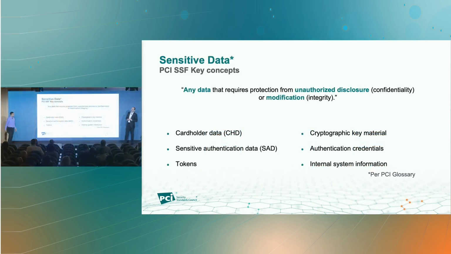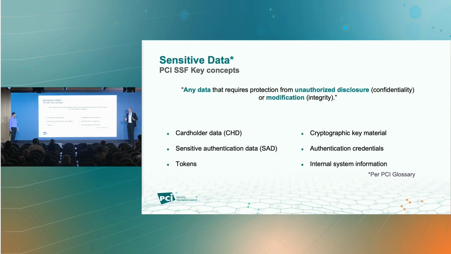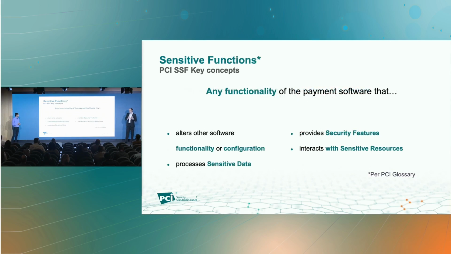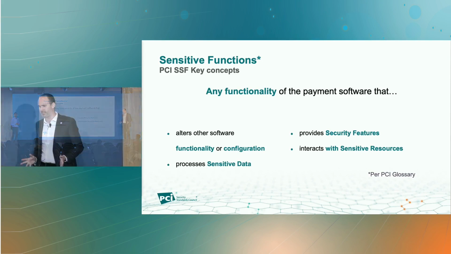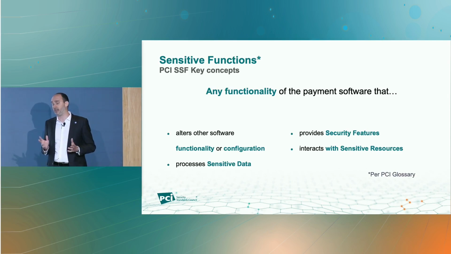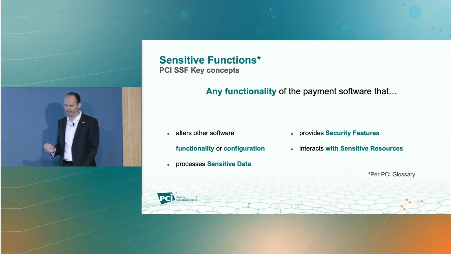At the core of the standard, we have to identify all data that requires protection. This is defined in the PCI SSF glossary as sensitive data, which is not only payment data. Then we have to identify all payment software functionality that has the ability to impact sensitive data or that provides security features.